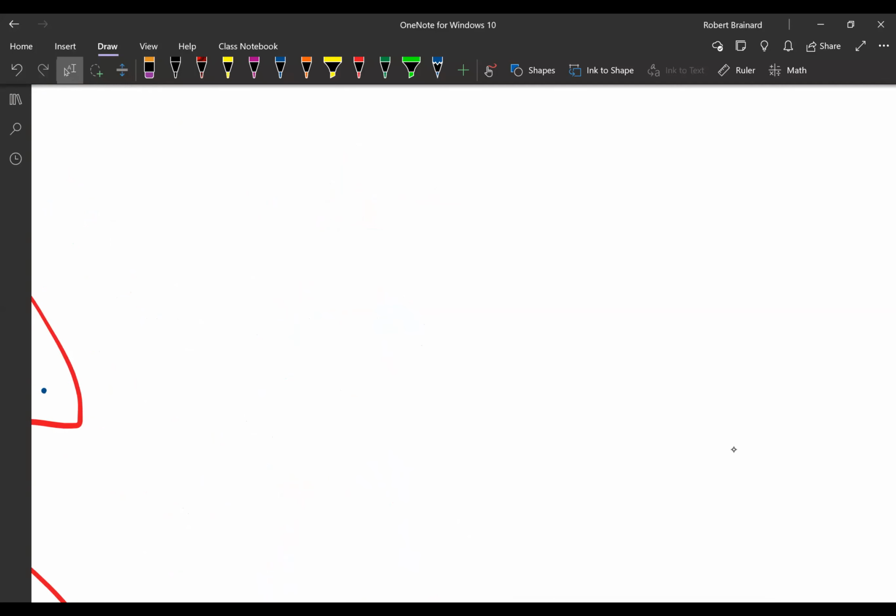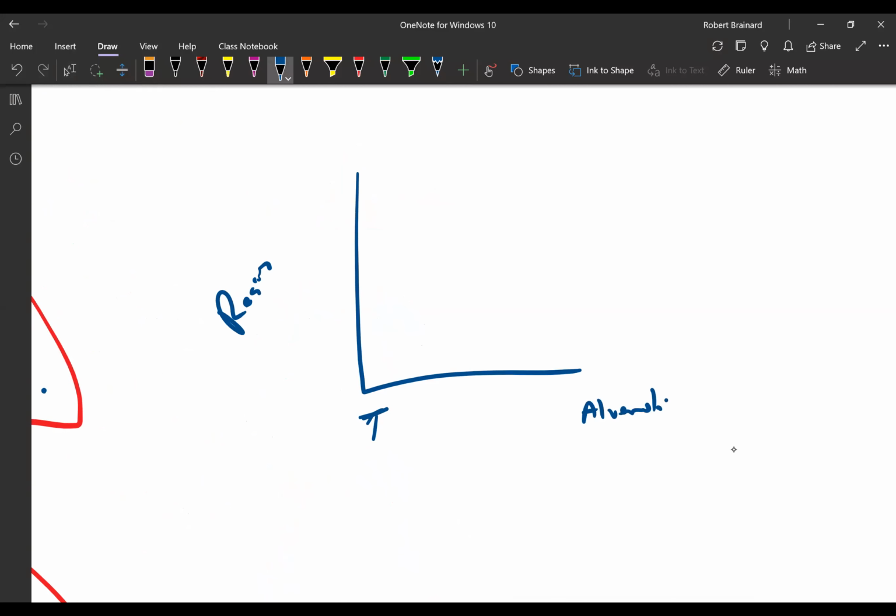So the resistance, if you've got your graph right here and you've got resistance here, and then you've got your trachea right here, and we'll say all the way to your alveoli, how does resistance change? Well, resistance is going to increase a little bit initially, and then it's going to precipitously drop down, something like this. That's kind of the curve right there. So the question was, if you increase velocity, what will that do to resistance as you move down the respiratory tree?